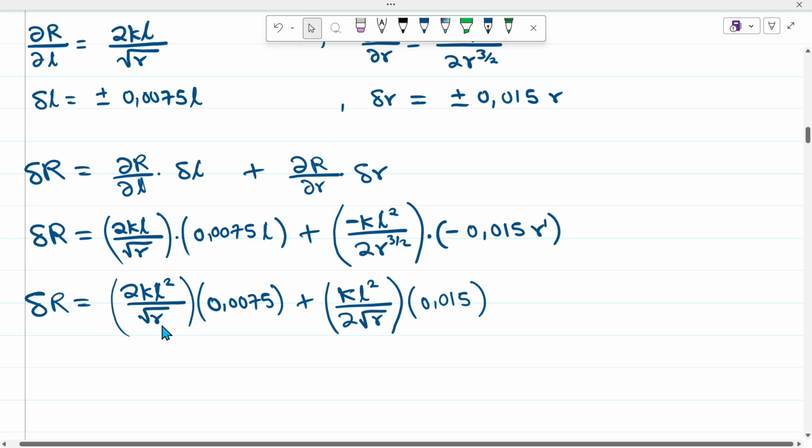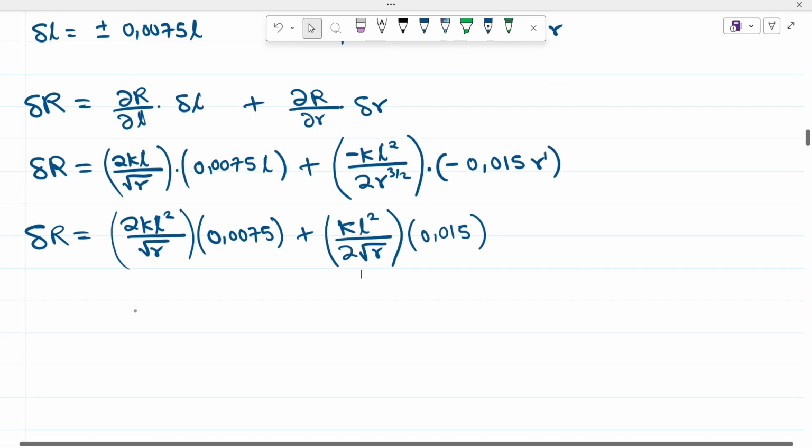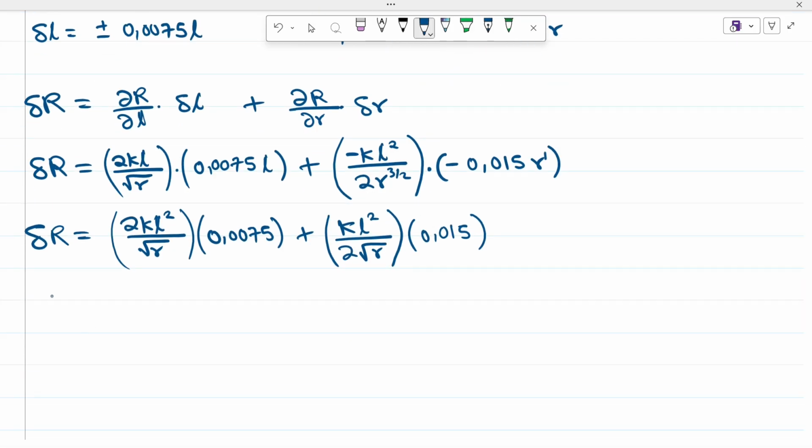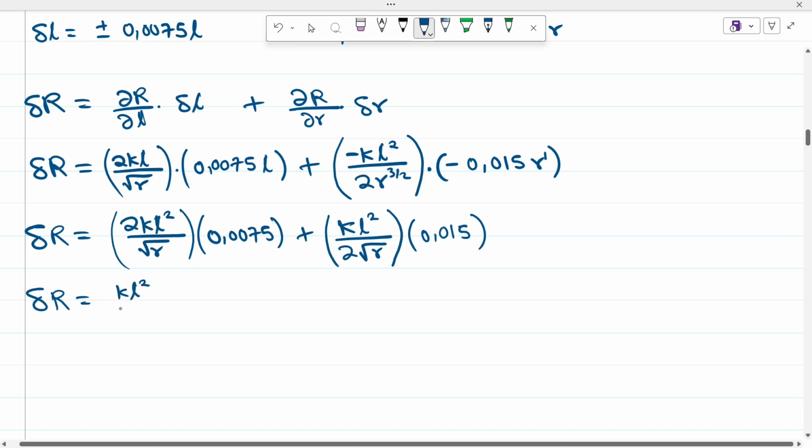So let's do that. So this is going to be the maximum percentage change in r. We take kL squared over root of r as our common factor.